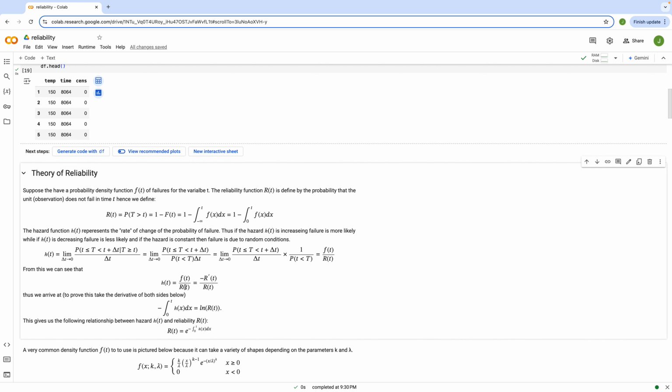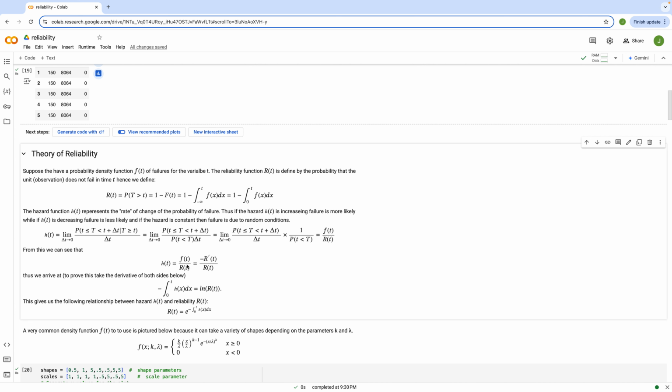Then if we think about the density function f of t, we can rewrite that in terms of the derivative of reliability, but we also need to make it negative, because reliability is the probability of being bigger than time t. So we need a negative sign to cancel out that aspect of reliability. Then you can arrive at this equation below. And if you want to prove this equation right here, you just differentiate it.